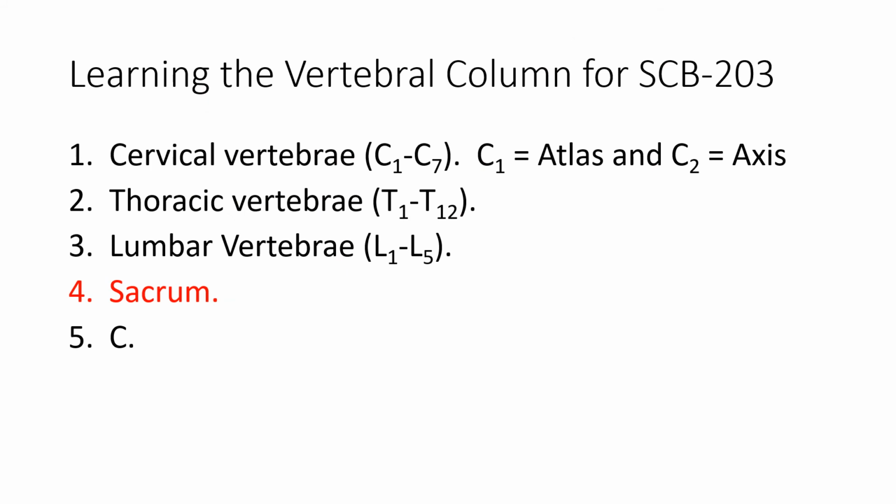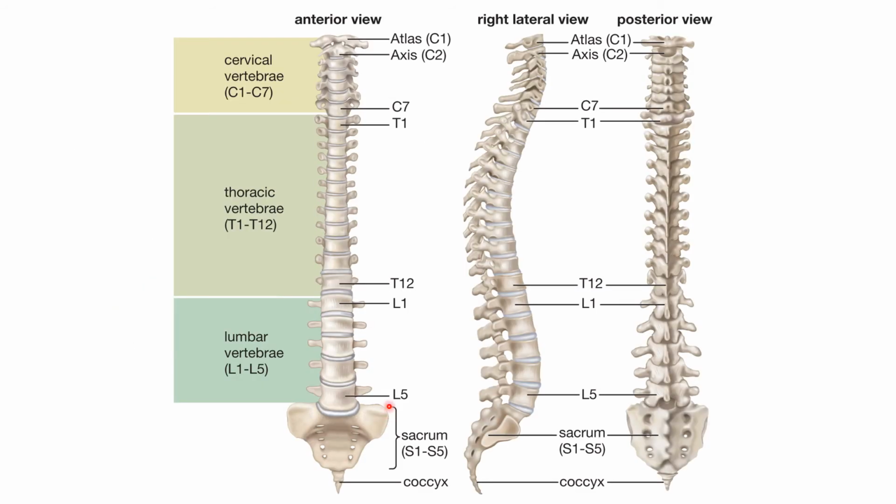Okay. The next group is a set of fused vertebrae, but you just have to know it as the sacrum. Okay. So here's the sacrum right here. Okay. And so it's composed of 5 fused vertebrae. Okay, we won't ask you S1 to S5 on the exam though.